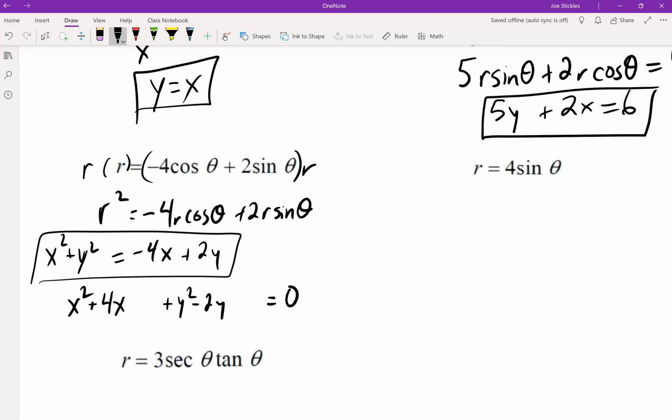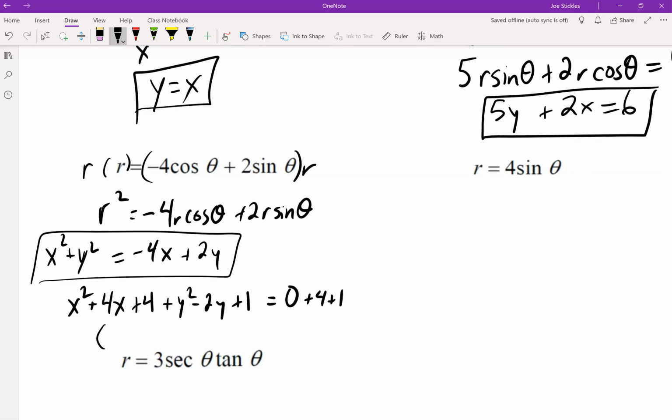We still have 0 on the right-hand side. If we complete the square, remember how we complete the square? You divide this coefficient by 2 and square it, so you'll get a plus 4 here. Divide this coefficient by 2 and square it, you'll get a plus 1 here. Of course, to keep things equal, I better add a 4 and add a 1 on the right-hand side.